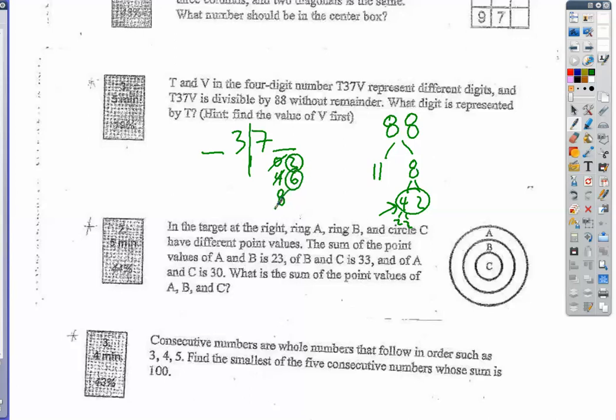So I've narrowed it down to 2 possibilities, 2 and 6. Now, to go a step further, for 8 to go into this number, 8 has to go into 70 blank. And 8 goes into 72, but not 76. So I can safely say that we have 372, but we don't know what that first number is.